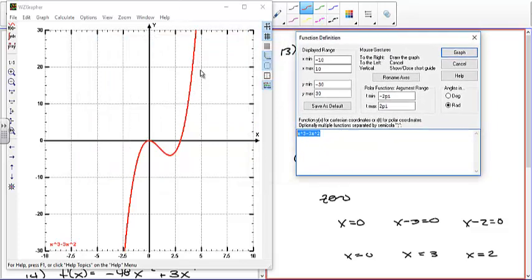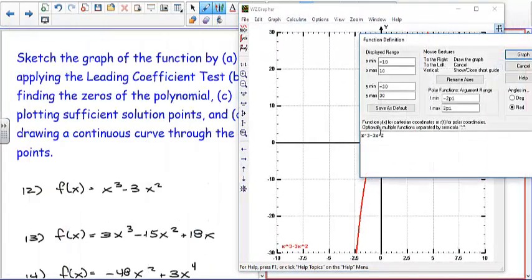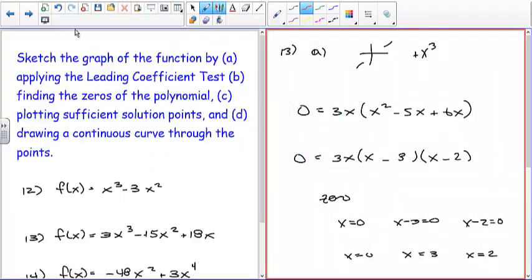I'm going to have to close that for a second so I can move this out of the way. Okay, just need to be able to see what the function is. So you got 3x cubed minus 15x squared plus 18x. Graph this thing, move it over there, go to the graph.